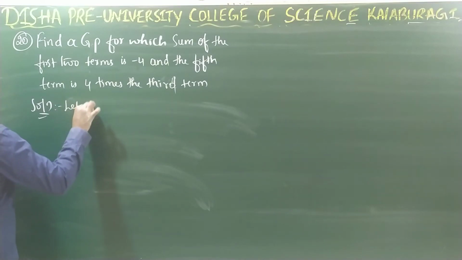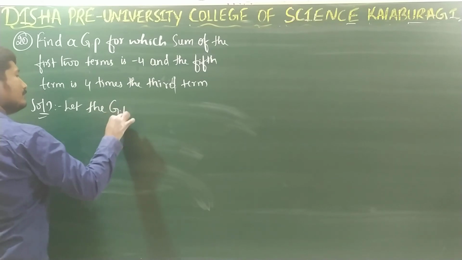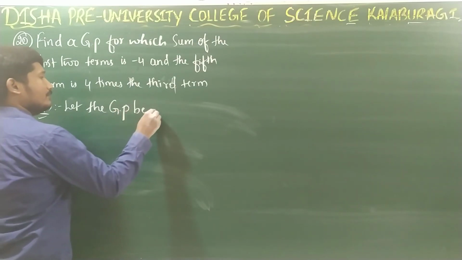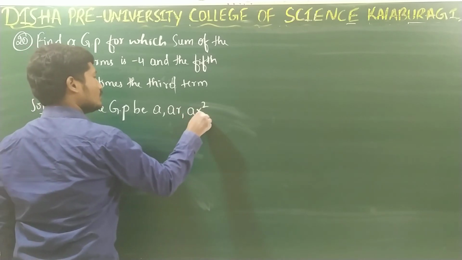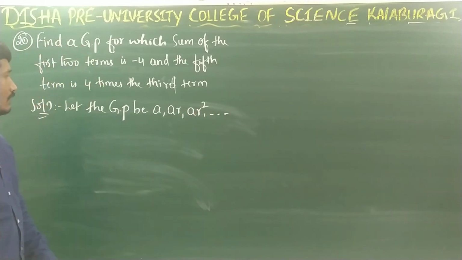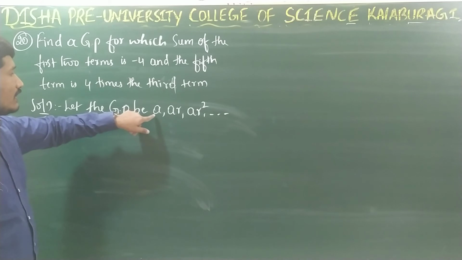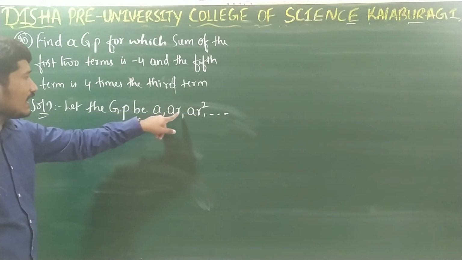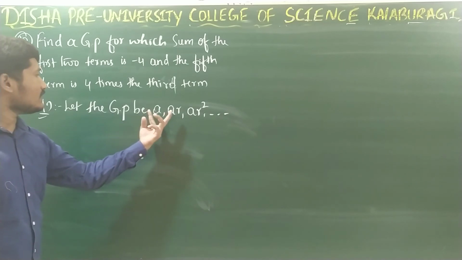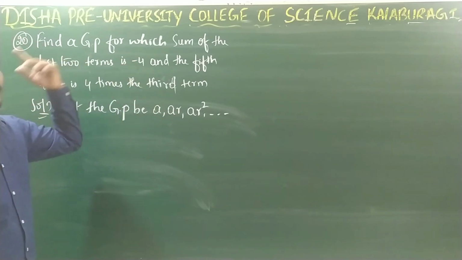Let the GP be A, AR, AR square, and so on, right? In order to find out the terms of the geometric progression, I should know the value for A as well as R. So let us calculate these two values from the given conditions.